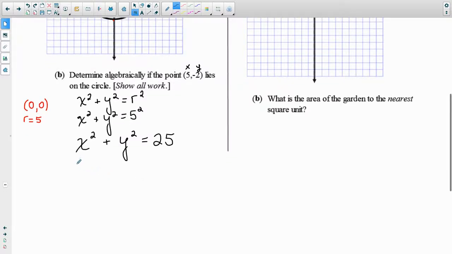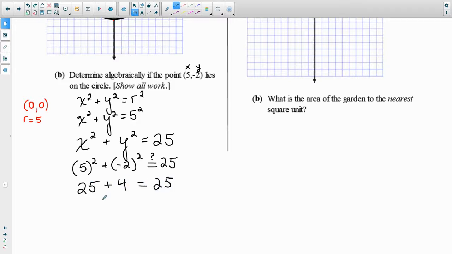So my x is 5, so I'm going to substitute 5 squared plus my y is negative 2 squared, and I'm really testing, is it equal to 25? Well, I'm going to get 25 plus 4 is equal to 25, and obviously 29 is not equal to 25. So that means that this point is not on the circle.